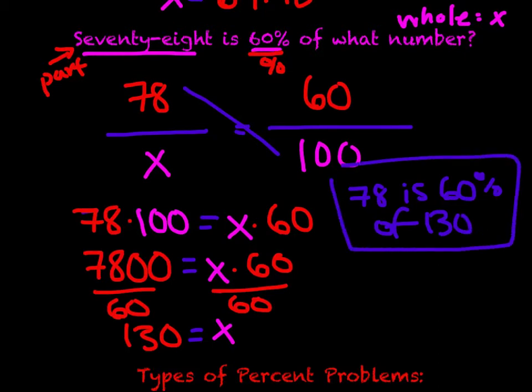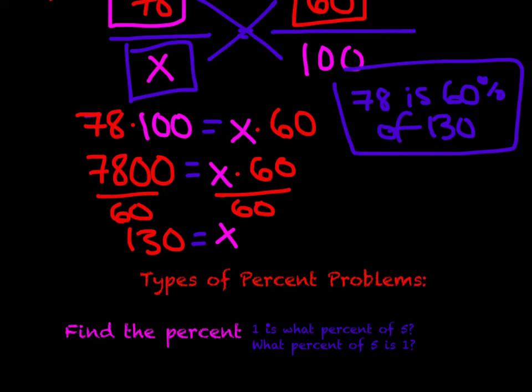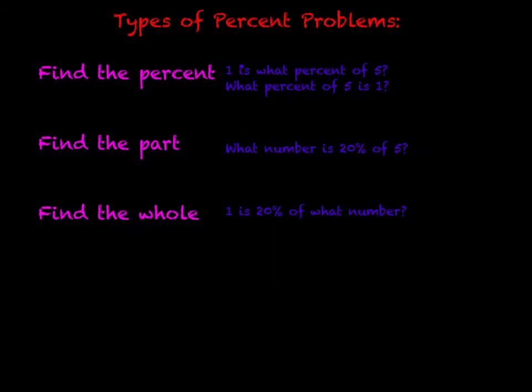So now you can see 3 different methods of finding various parts. We've found the part, we have found the percent, and we have also found the whole. So we found 3 different types of percent problems that we can see. Find the percent. So we're just reiterating this. You'll end up with problems such as 1 is what percent of 5? So we could write that as 1 over 5 is equal to the percent divided by 100.